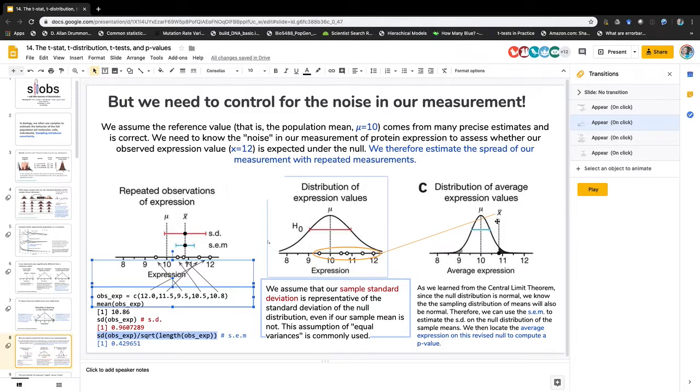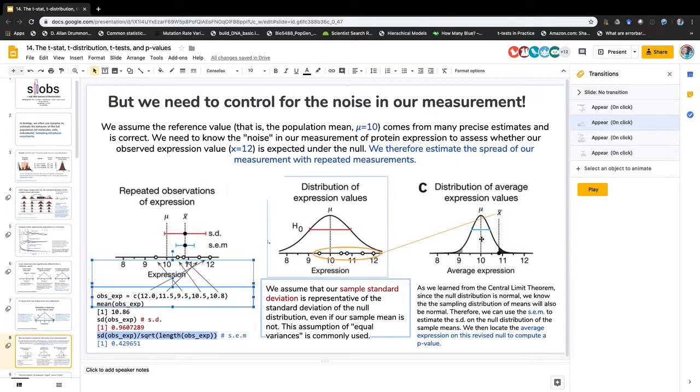Because now we're comparing our sample mean, x hat here, to the standard error of the mean around the mean of the reference. So essentially we're asking now, is the sample mean, not the single sample value, fundamentally different than the mean of the reference null distribution?